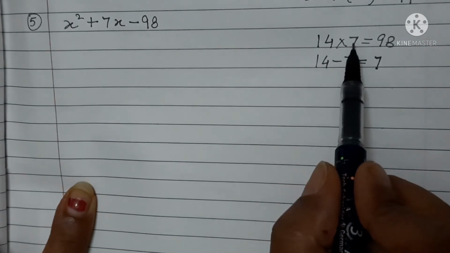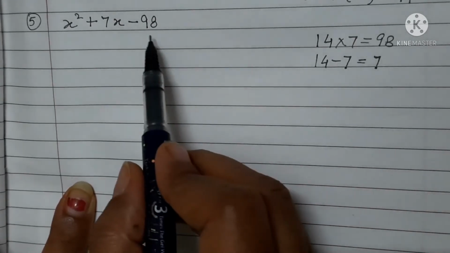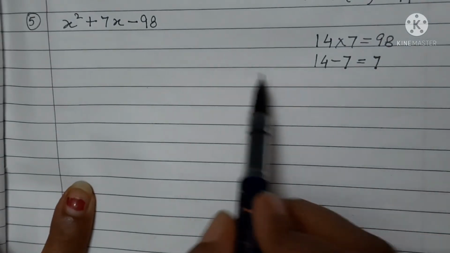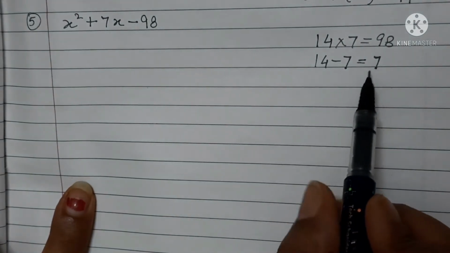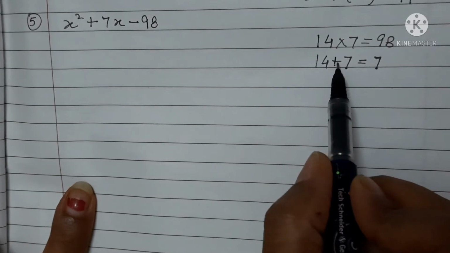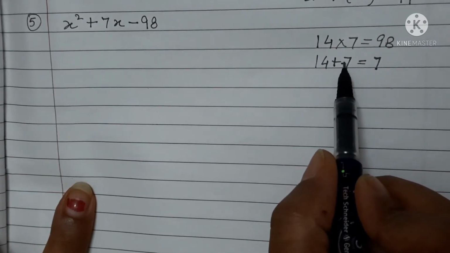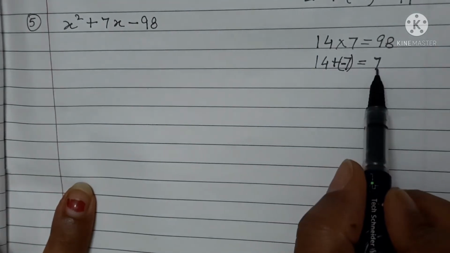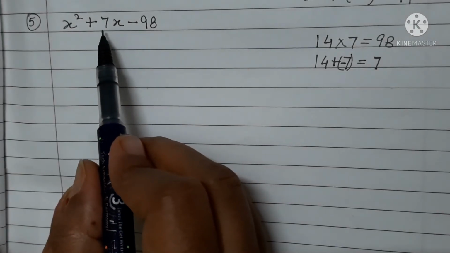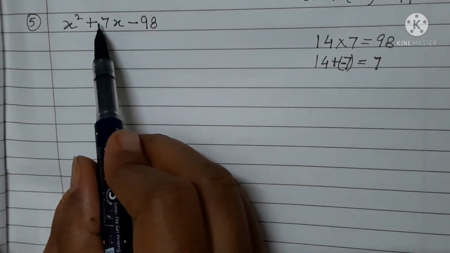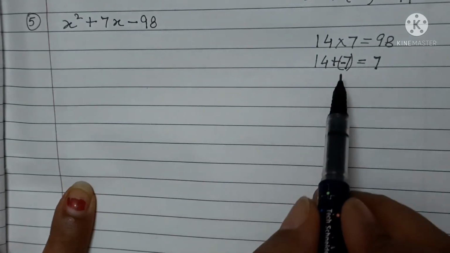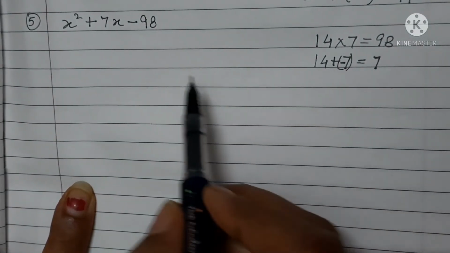So these two numbers have product 98 and sum 7. You can write 14 plus, and in the bracket minus 7, you will get 7. So we split 7 into two terms like this.